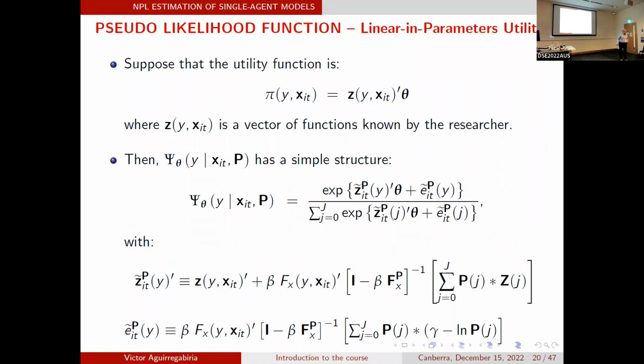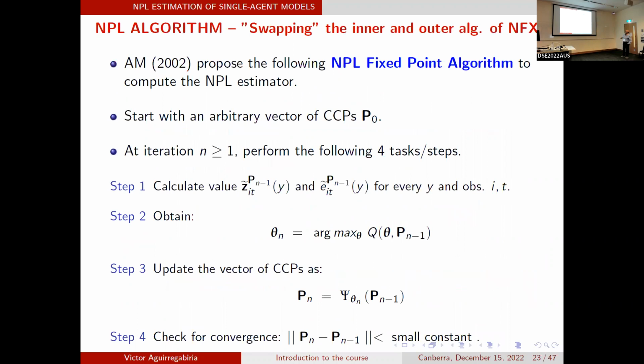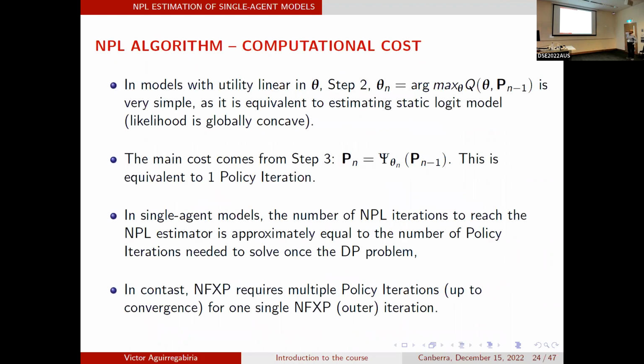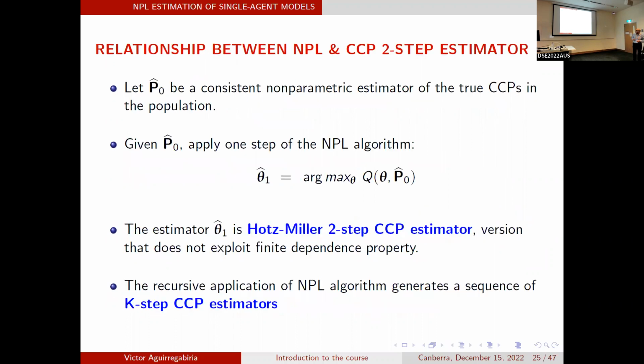But not in single agent models. Then it is very easy to compute the pseudo maximum likelihood estimator theta n as a function of P. The main cost comes from this updating of the Z tilde, and it will depend on how many of these outer iterations we need to achieve the estimator.